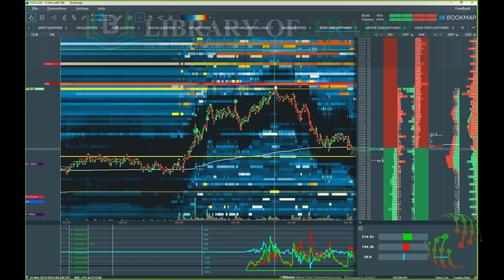In this case, 15. What's important here is we have a sweep, and then the price went up to this liquidity level, and that's always a good position for selling or to go contrary against the sweep.